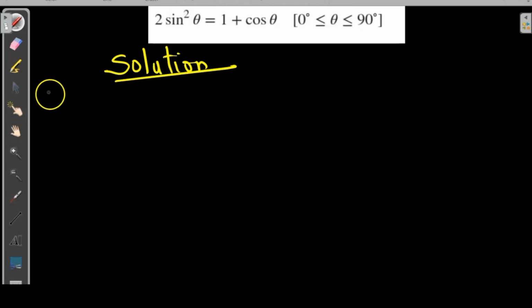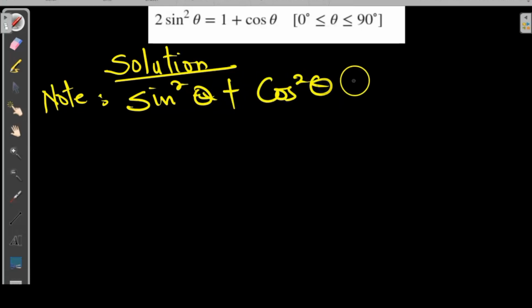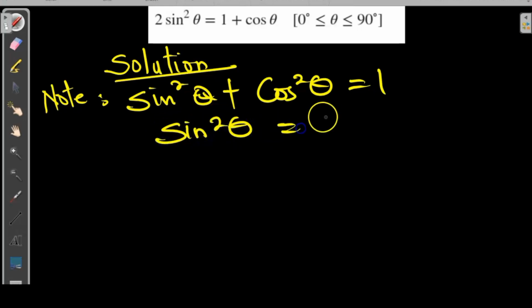Now, we have to note something. Sine squared theta plus cos squared theta is equal to 1. Let's make sine squared theta the subject of the formula. So sine squared theta is equal to 1 minus cos squared theta.